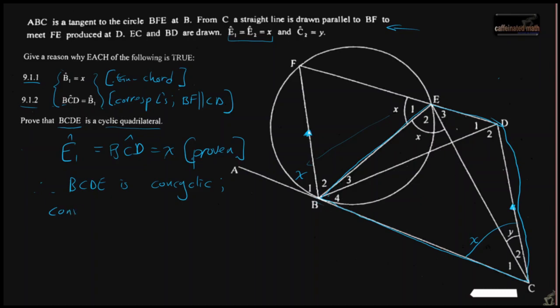Well, it's the converse of the external angle of a cyclic quad being equal to the opposite internal angle. So there we can see the configuration. That angle is equal to X, jump in, jump across. Well, that angle, the opposite internal angle, is equal to X as well, and that's good enough for that.